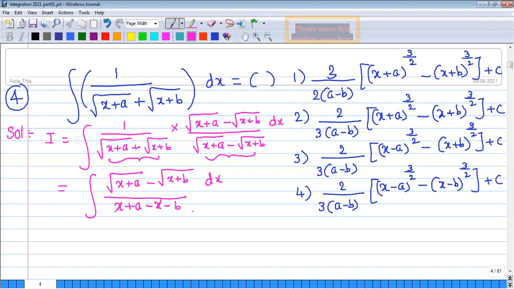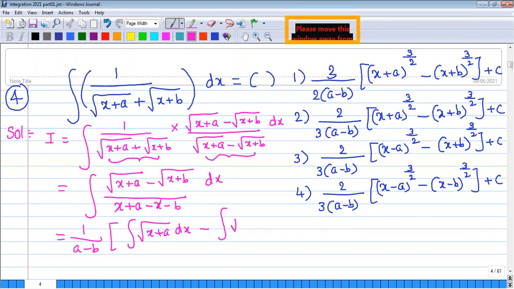The x gets cancelled, we have a minus b. So 1 upon a minus b is common. Then we get integral of root of x plus a dx minus integral of root of x plus b dx.